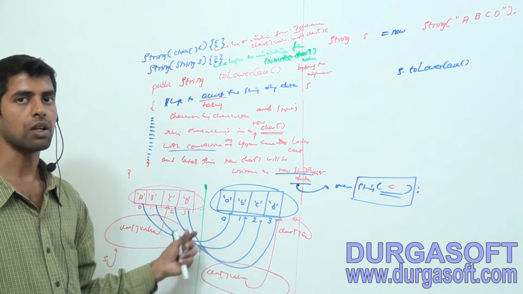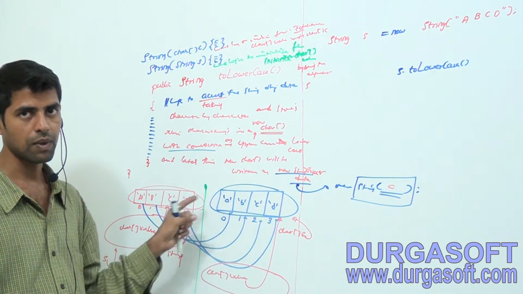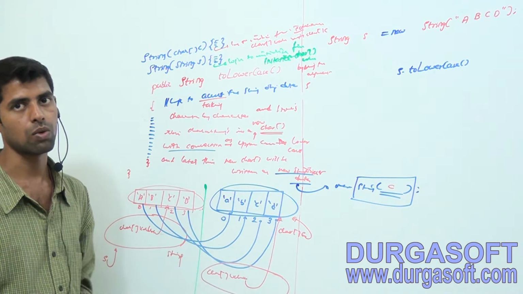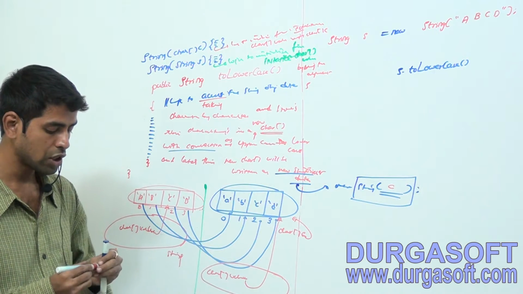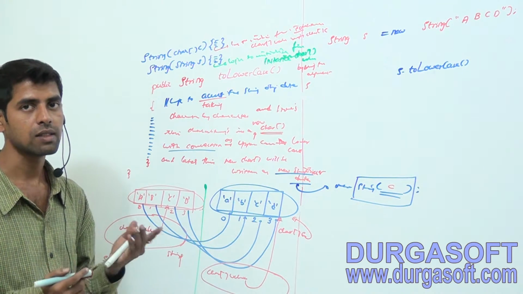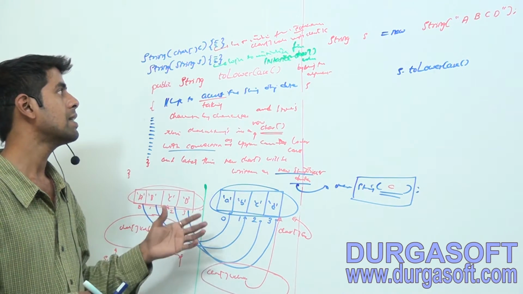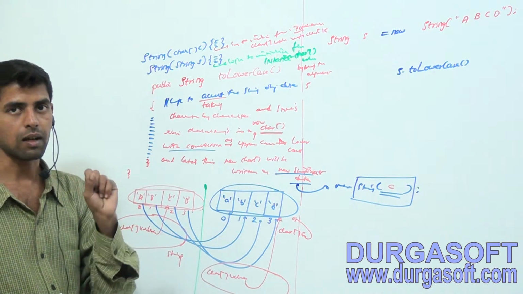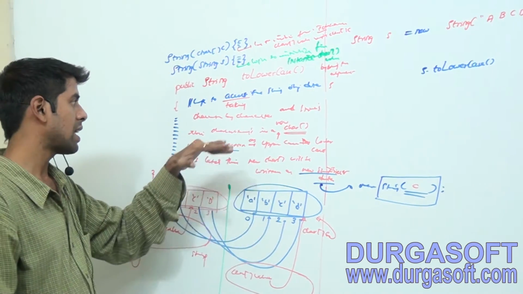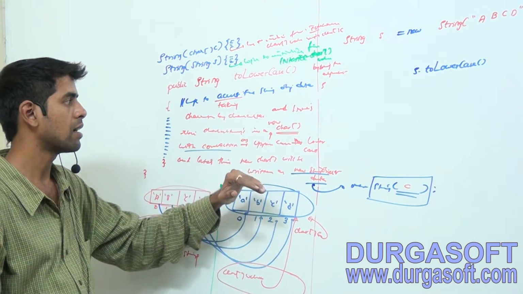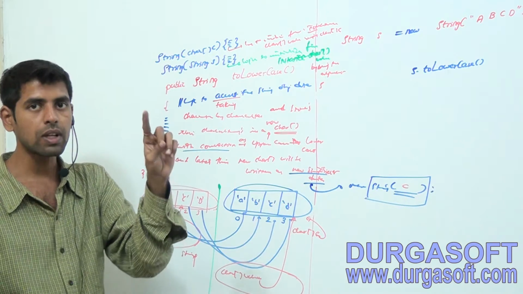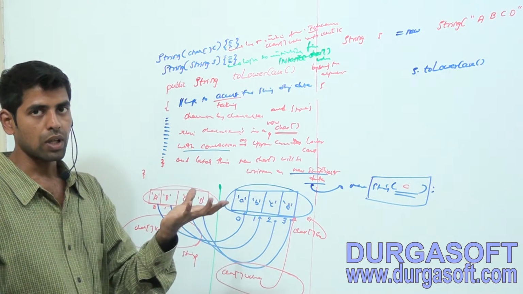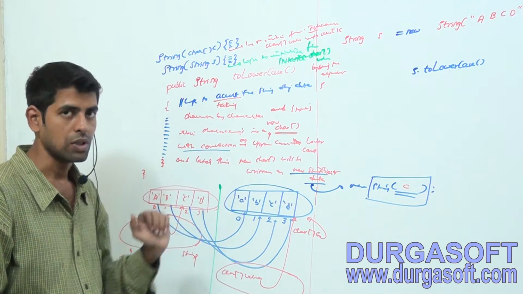toLowerCase is returning a new object. Okay. Observe friends. We are achieving our output. What is the logic within this toLowerCase? Simple thing. It will access the String object data character by character and store this accessed data within a new char array, and at the time of storing it will do one conversion.